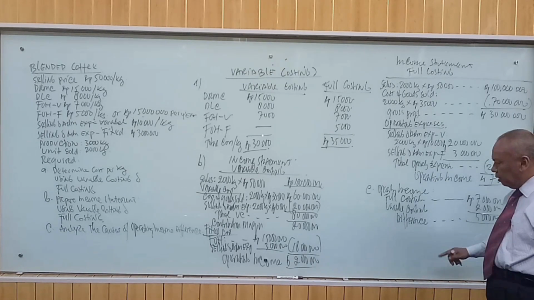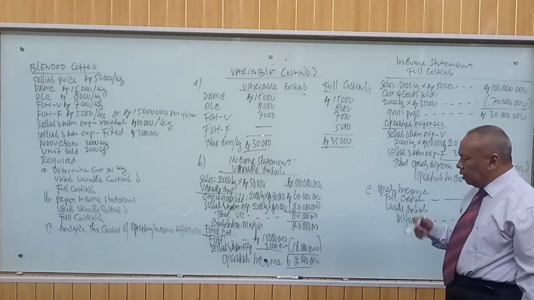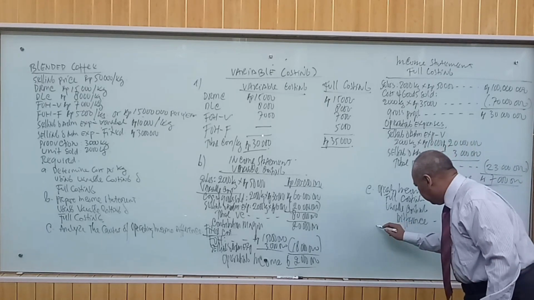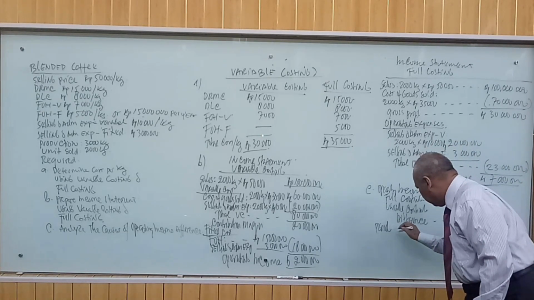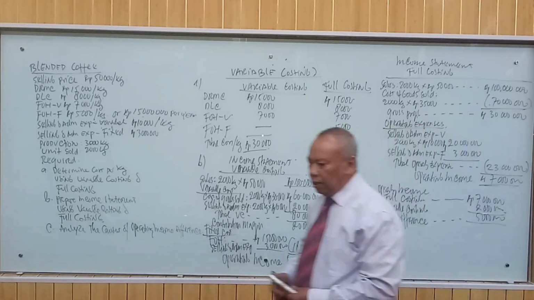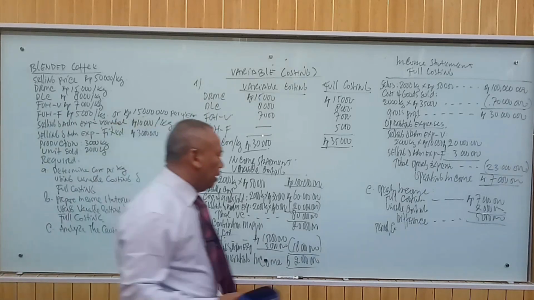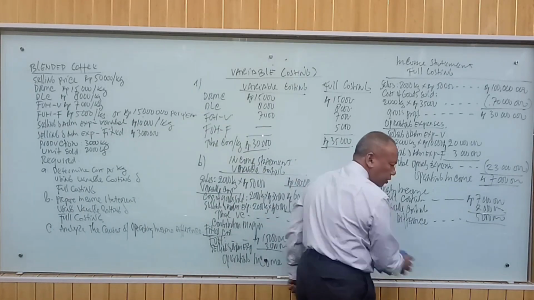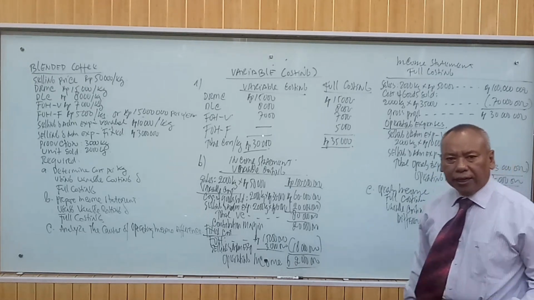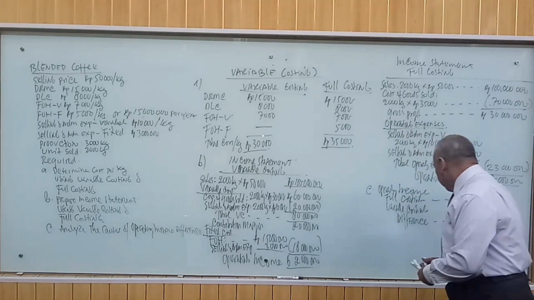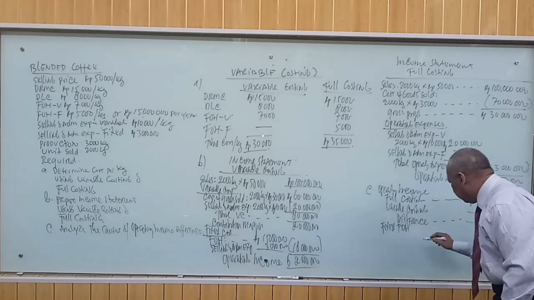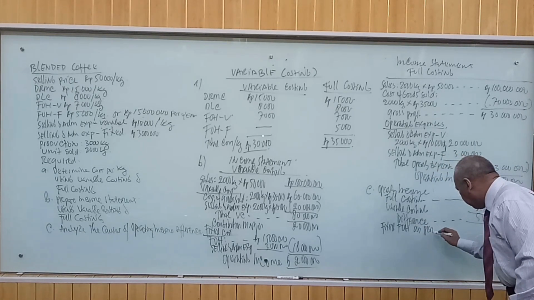The difference is actually due to the period cost that we assign to the current period. The difference is because of the treatment of fixed factory overhead cost as a period cost.